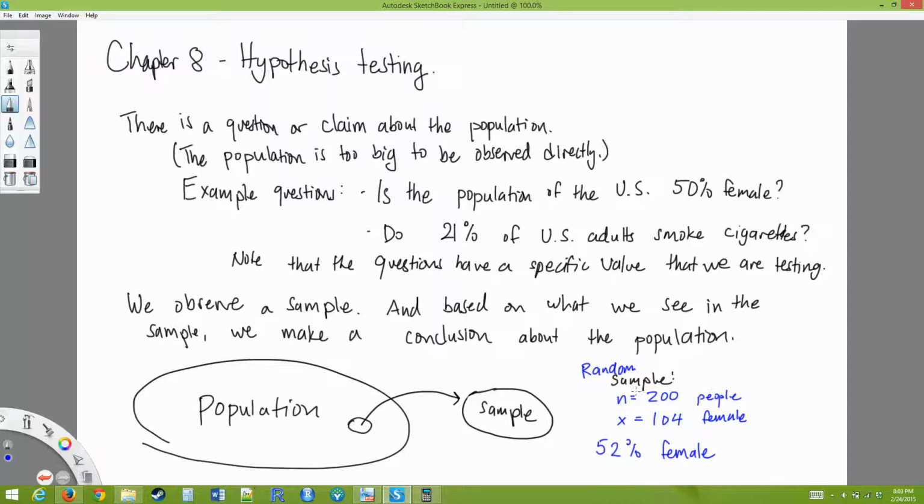So when we see something like this, okay, our gut instinct tells us that it is not exactly 50% female, okay? But the sample is not huge.